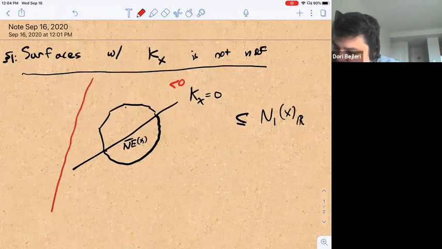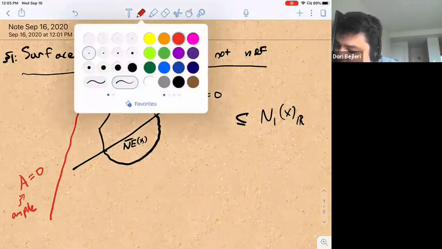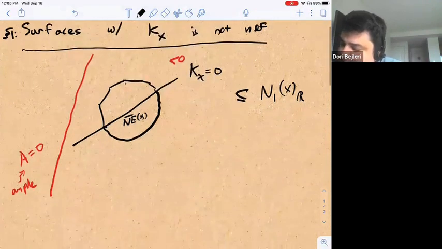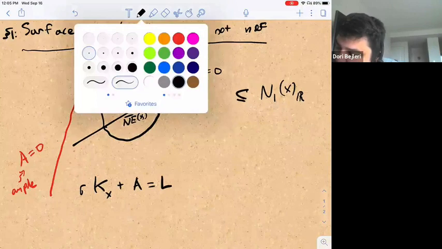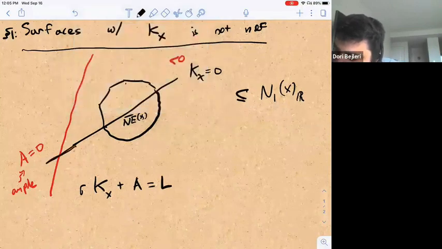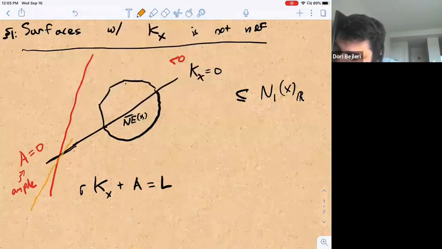So let's say A, where A is ample. And then we'll write down the divisor rK_X plus A, where this r is exactly what we need to hit the boundary of our cone.